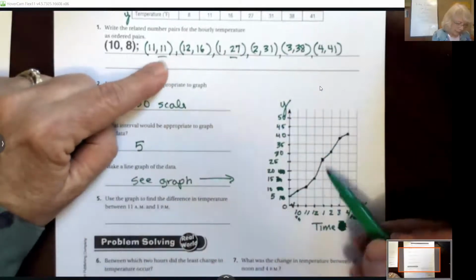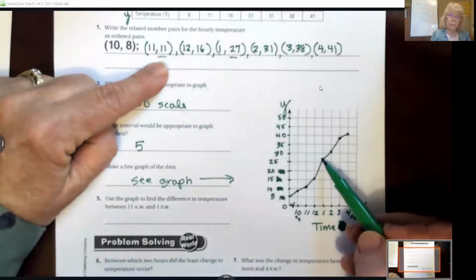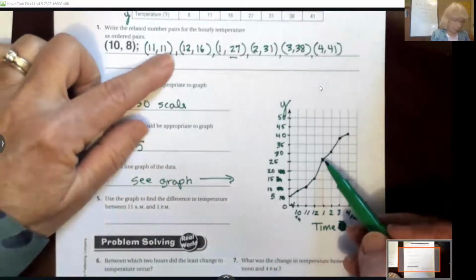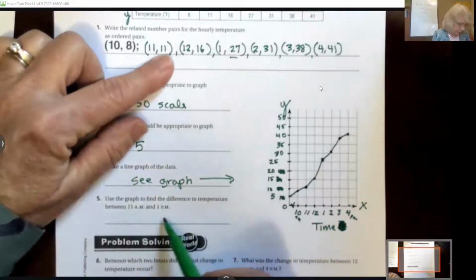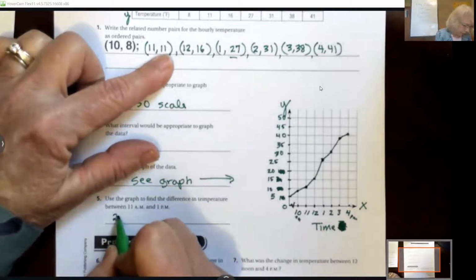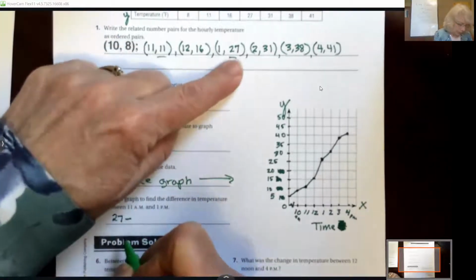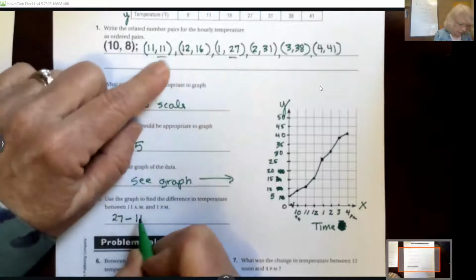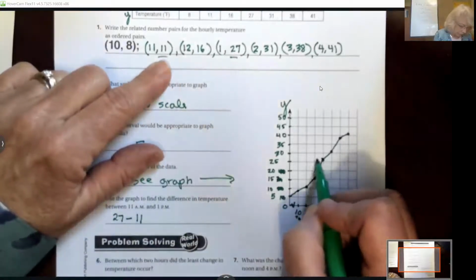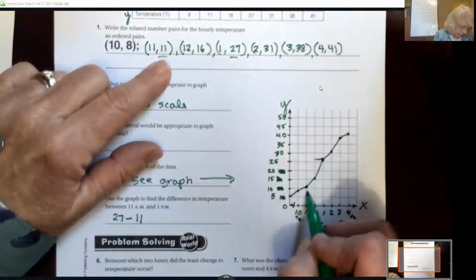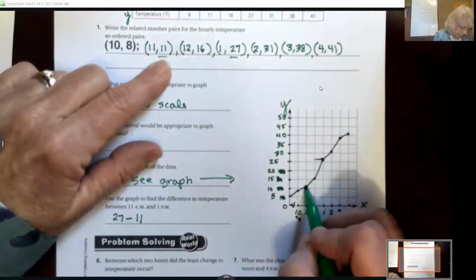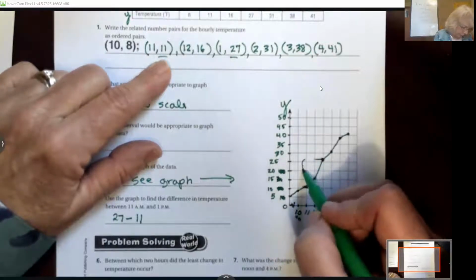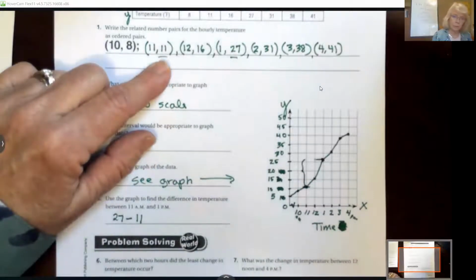So I think that's a little easier than reading what these are, since we had to estimate.